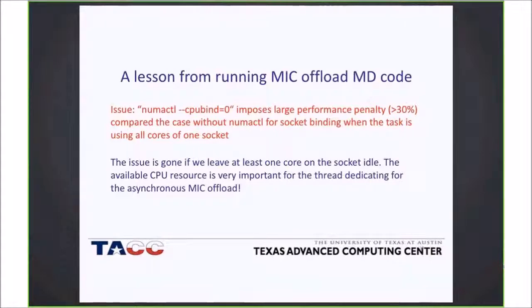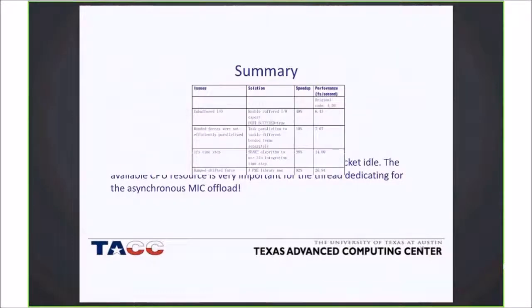We found the issue is gone if we leave at least one core on the socket idle. That means the available CPU resource is important for the thread dedicated to the asynchronous MIC offload.